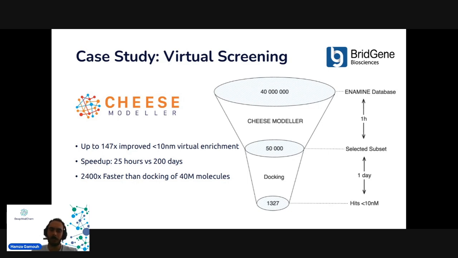What we did basically is that we screened the Enamine database and selected some molecules to dock in order to learn which parts of this space have high docking scores. We used this machine learning model to predict the docking scores for the whole Enamine database. Then we selected the best docking molecules, which achieved a speed up of 25 hours versus 200 days if we would like to dock this whole number of compounds.